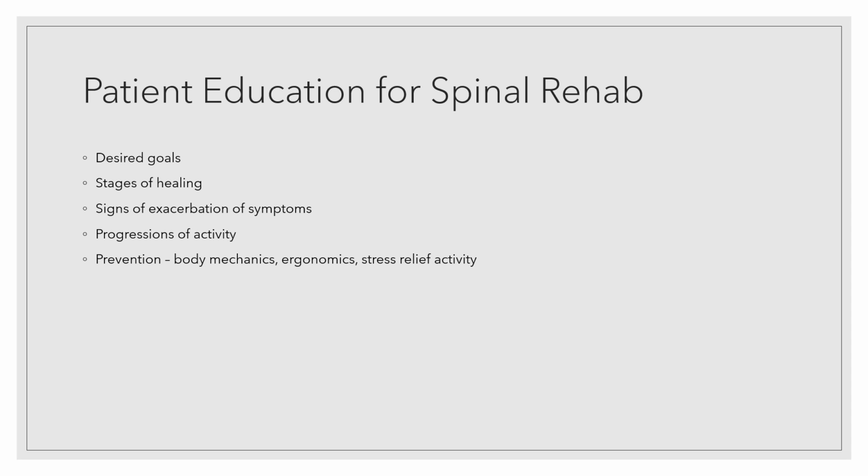We want to educate patients on the progression of their activity and not pushing it too far too fast, but also on appropriate levels of challenge so that we are applying the overload principle. And then as far as prevention, using appropriate body mechanics, ergonomics, stress relief, we want to educate them on sleeping positions. So patients with a flexion bias, we're going to encourage them to sleep on their backs, maybe put a pillow under their knees to help increase the flexion of the spine as they sleep.